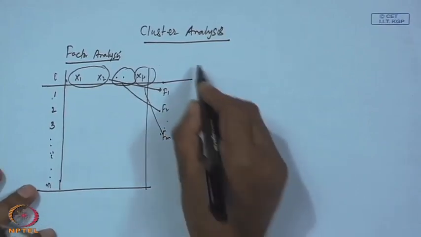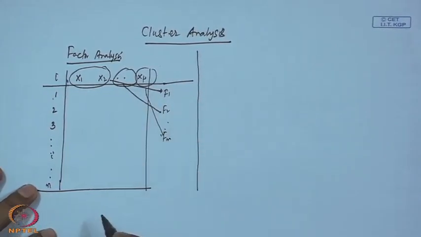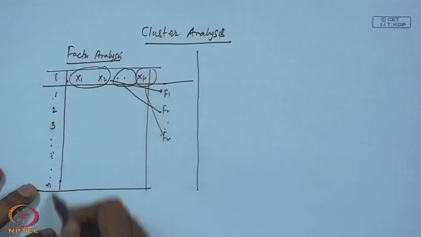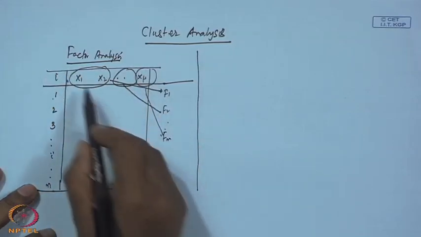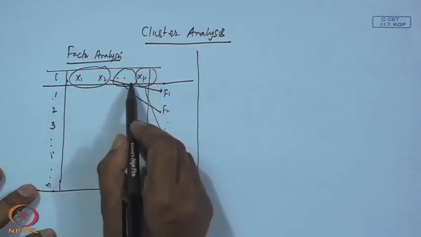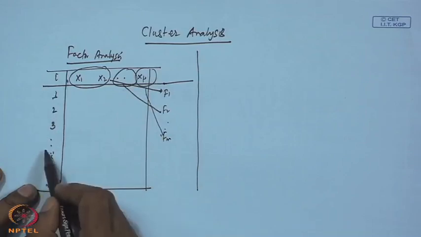Now, let us think a little differently. Suppose I have n number of observations and all these x1 to xp are characteristic features for each of the observations.